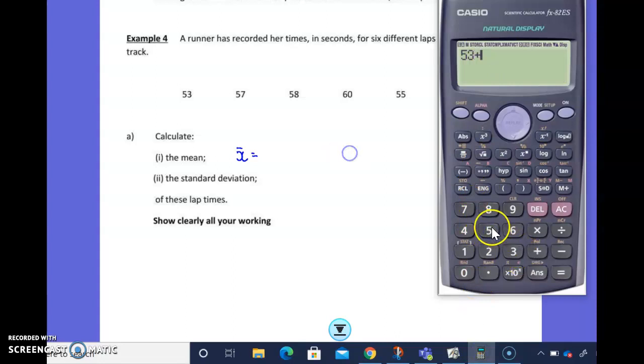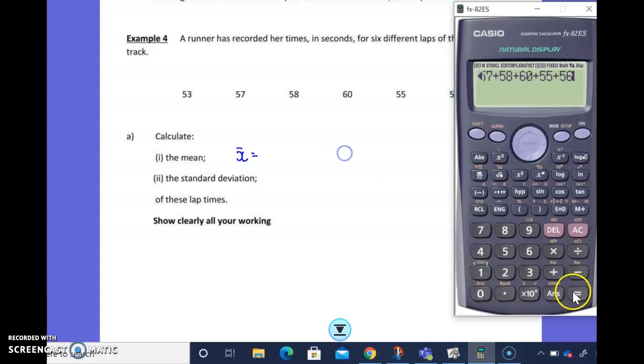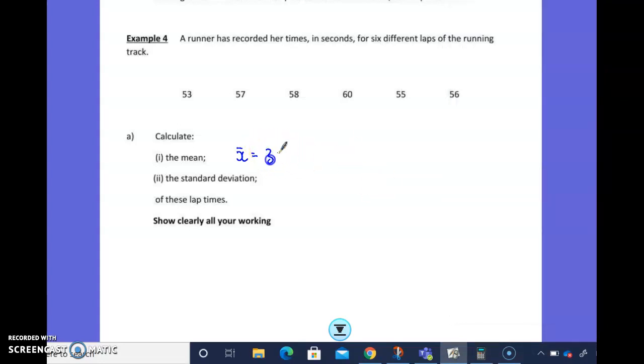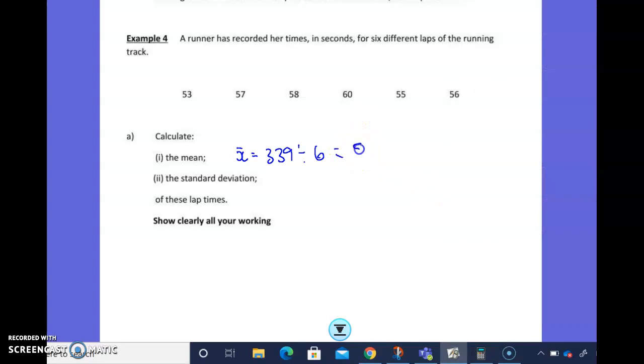So 53, add 57, add 58, add 60, add 55, add 56 is 339, and we need to divide by 6, which is 56.5.